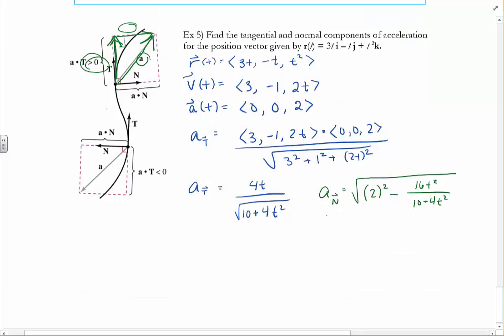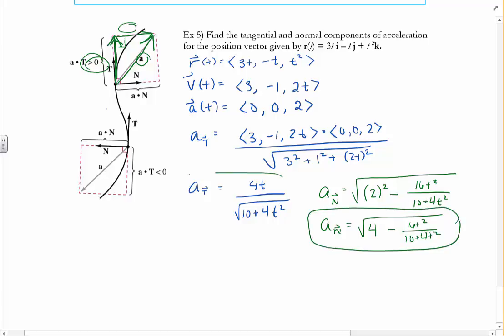And so a sub N, which should be a capital N, is going to be the square root of 4 minus 16t squared over 10 plus 4t squared. And I am just going to leave it like that. Basically what you can do from there is plug in values for t, and it'll tell you your acceleration as you're driving in a certain direction, and your acceleration that's pulling you inward using that centripetal force.